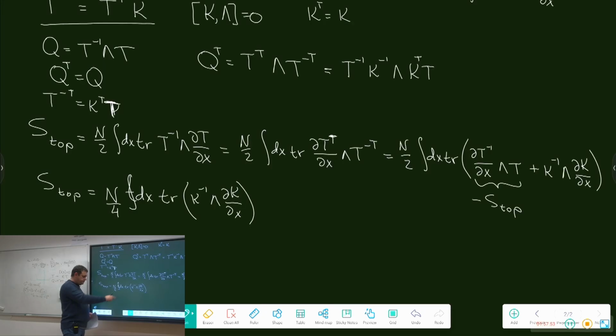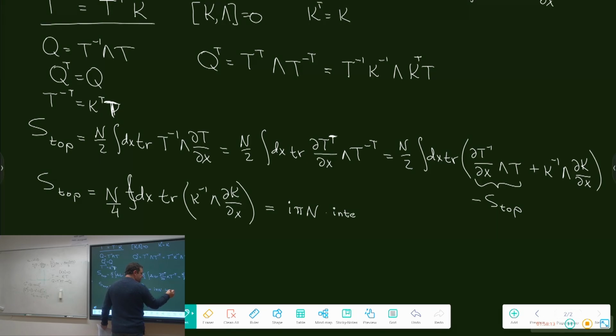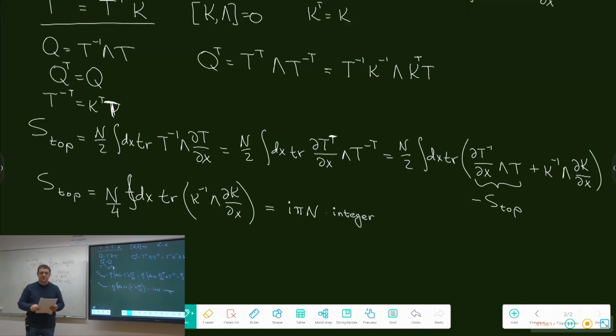And actually, if you do all the calculation carefully, you can show that this thing is i pi n. N is this n times an integer. This integer depends on K, on what particular matrix K we have. So this winding of the phase takes only integer values, and all the rest is this.